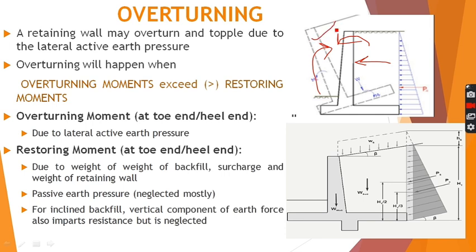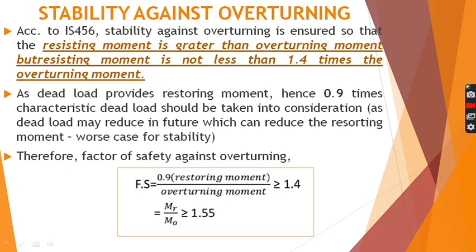Overturning moments are due to the active earth force, and the restoring moments are due to the weight of backfill, weight of the wall and passive earth pressure. And in case of inclined backfill, the vertical component of the inclined force will also contribute to restoring. I have already explained it to you.